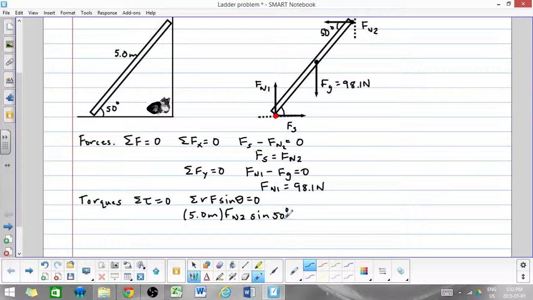All right, then for our clockwise torque, which is negative from the weight of the ladder, that is halfway up the ladder, so 2.5 meters times 98.1 newtons. And this angle, well, that's 50 degrees here, and you can picture that right angled triangle. This one has to be 40 degrees.